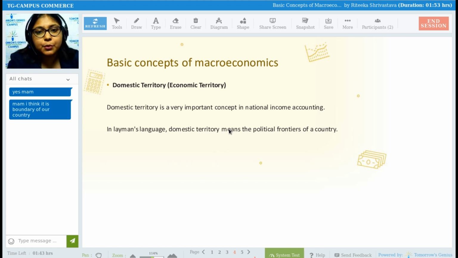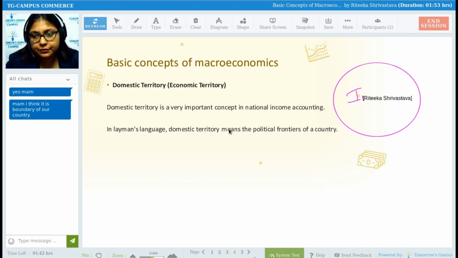So if, suppose, this is your country, India. Then this border, outside this circle, other countries start. Other countries in the other parts of the world start, but this whole circle is your country, India.